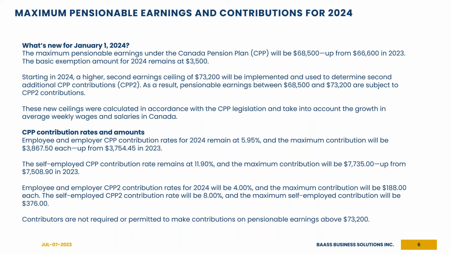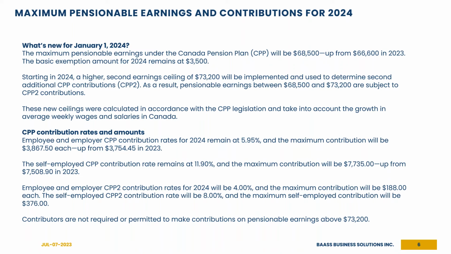The employee and employer contribution rates for 2024 will remain at 5.95%, and the maximum contribution will be $3,867.50, up from $3,754 in 2023.